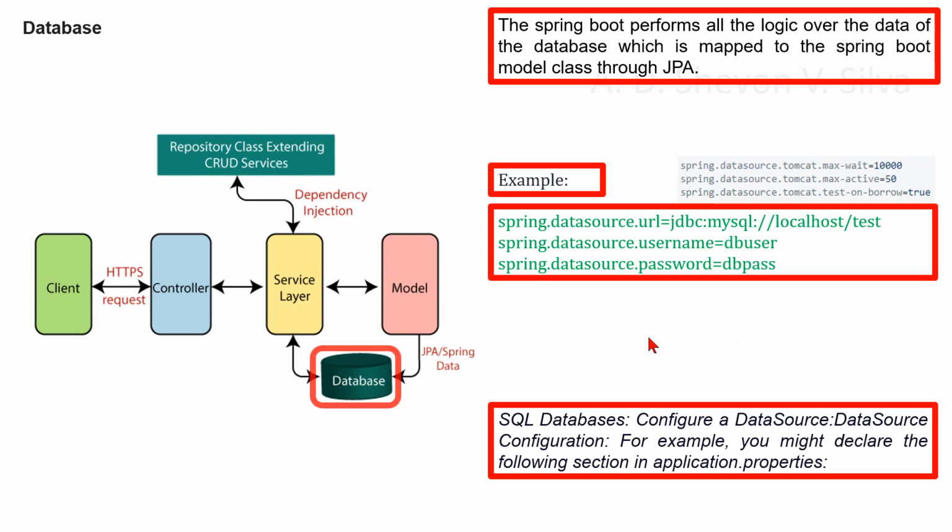You should at least specify the URL by the spring.datasource.url property. Otherwise, Spring Boot tries to auto-configure an embedded database. Spring Boot can deduce the JDBC driver class for most databases from the URL.